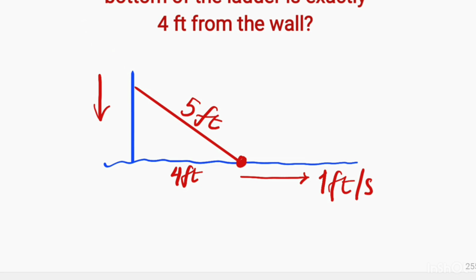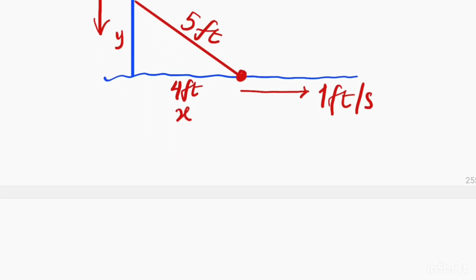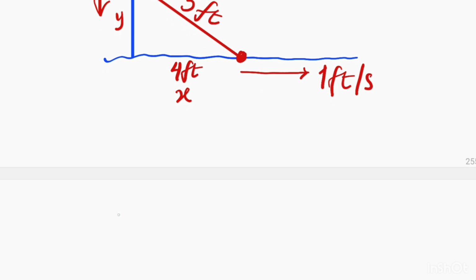Alright, so now what is the relationship between this side and this side? Remember Pythagoras. The vertical component is y, the horizontal component is x. Therefore, y squared plus x squared is equal to 5 squared according to Pythagoras.